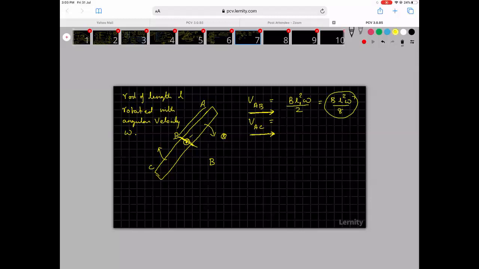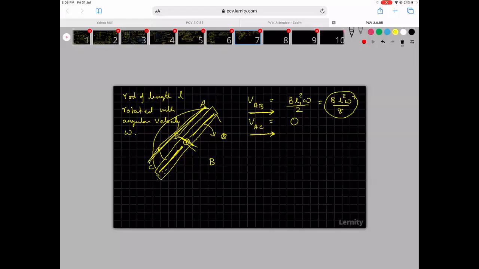Now, this potential will be equal to this potential. So the potential difference between these two will be 0. If there are two rods like this, at the ends the potential difference is 0. And the potential difference between this will be BL squared omega by 8, where L is equal to this full length.